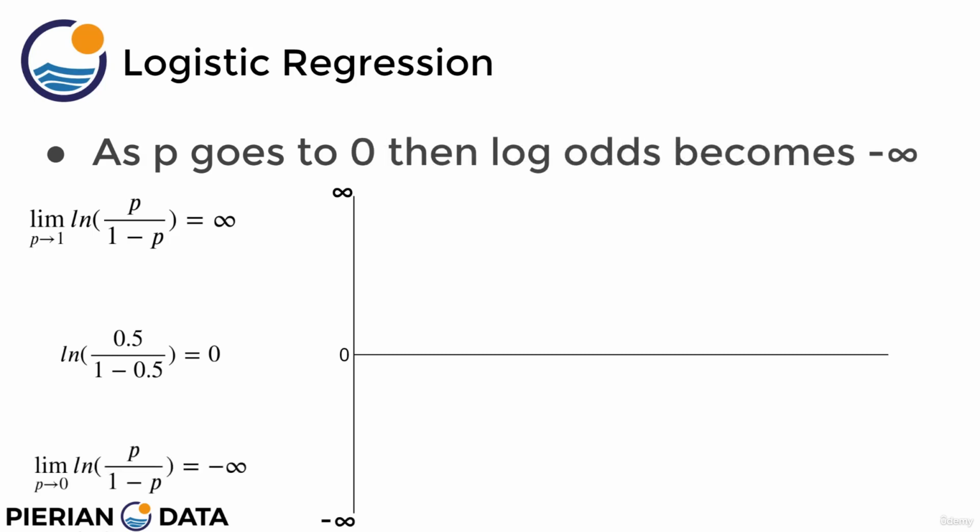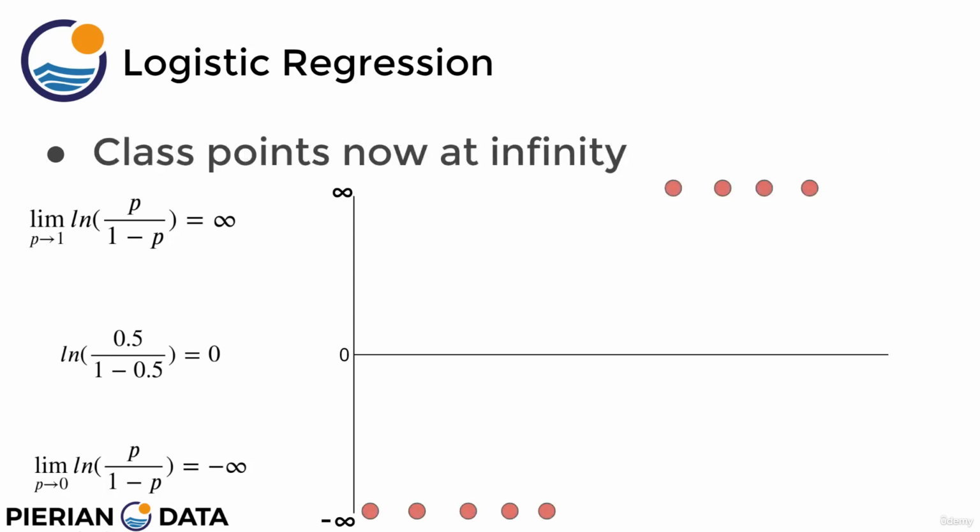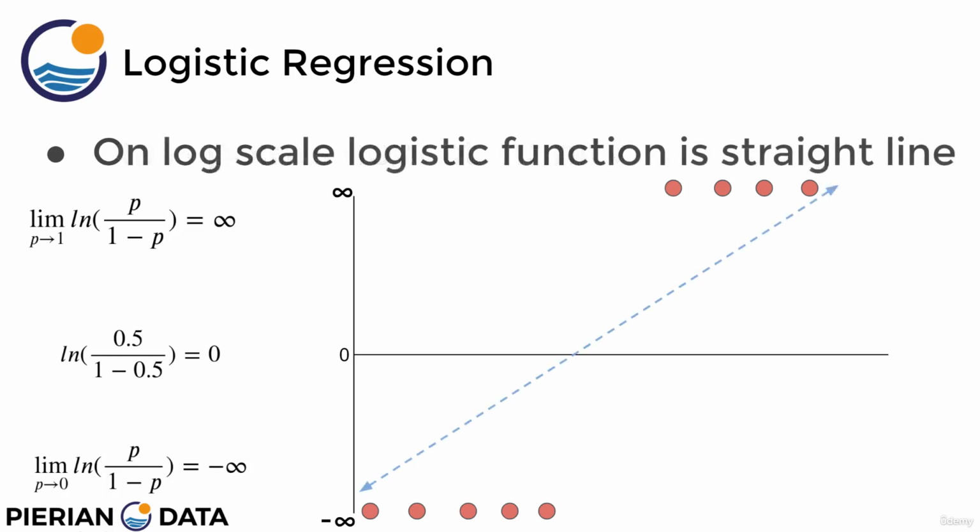Likewise, as your probability goes to 0, you're essentially saying 0 divided by something very close to 1, which goes to negative infinity. So in terms of log odds, we now have the points at infinity and negative infinity, because these points that are already defined have set values of 0 and 1. Keep in mind, these are the actual data points we're talking about here, not our predictions.